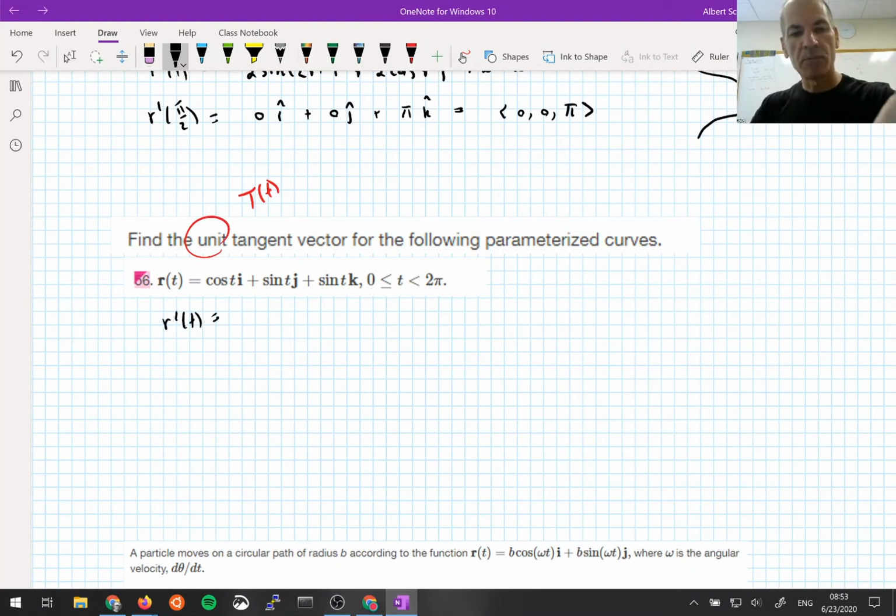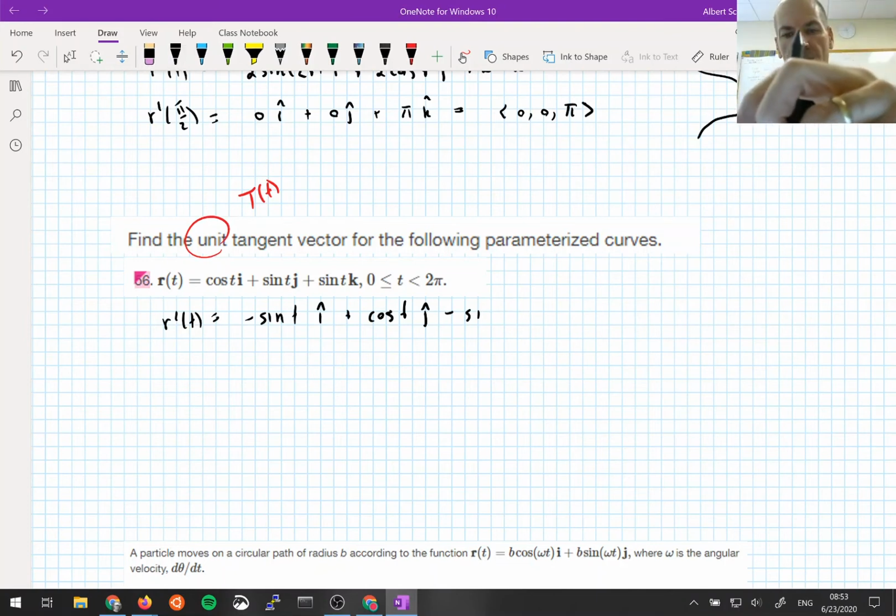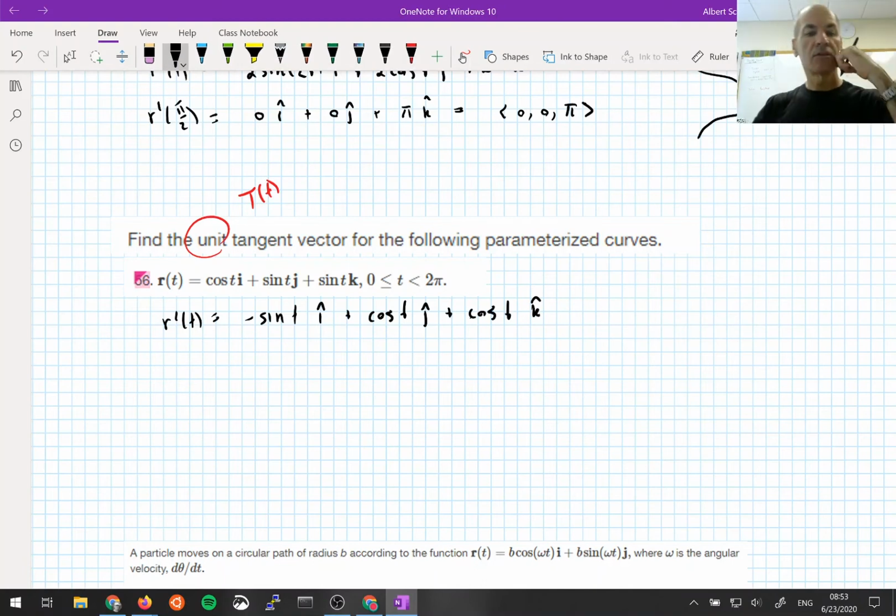The derivative component-wise is minus sine of t i plus cosine of t j minus sine of t plus cosine of t k. So that's r prime. That is not T.